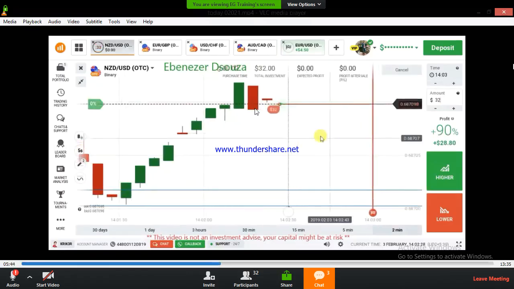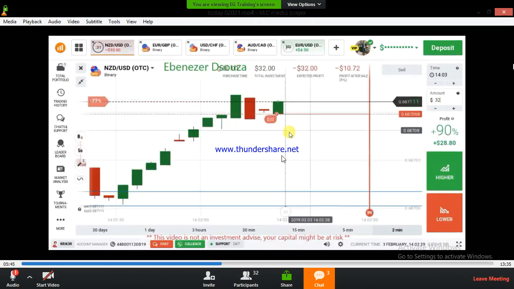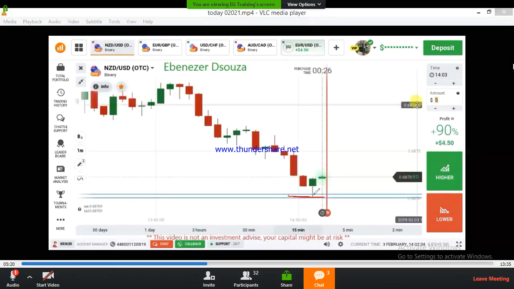Because of this confirmation, I placed the lower option. Here the level is here. The buyers are here. There is a strong bearish momentum, and the candle closing point is far from the buyers area. So we can expect a continuation from sellers. That's why I placed my trade with confirmation, and I will explain this trade in the tomorrow session.